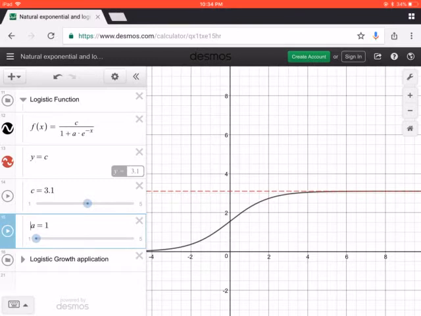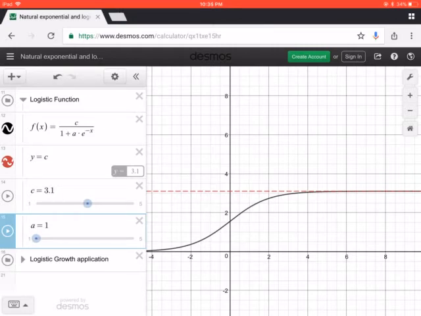The main thing is we have this carrying capacity, this limit to growth, where our function can never get past it, and it's going to be quite visible to us in the equation. It's just the numerator. And I do want to say, before looking at the example, you might be wondering if there's any way to make an exponential function with base e, to translate it, reflect it into this logistic function.